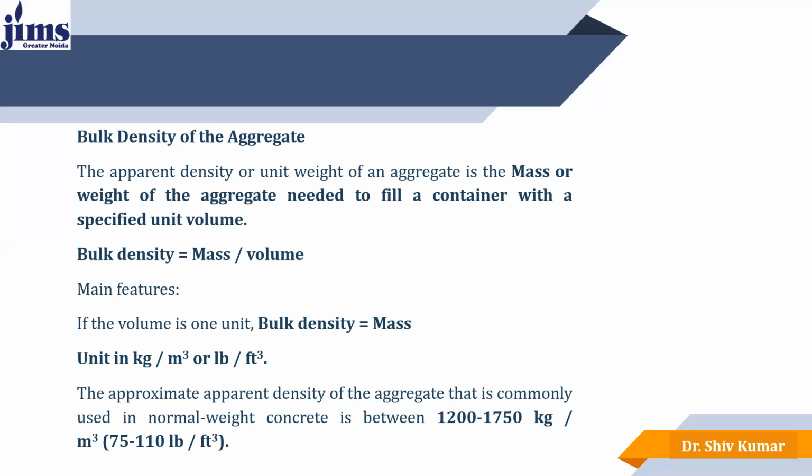If the volume is 1 unit, then bulk density is equal to mass. Its unit is kilogram per cubic meter or lbs per cubic feet. The approximate bulk density of aggregate commonly used in normal weight concrete is between 1200 and 1750 kilogram per cubic meter.